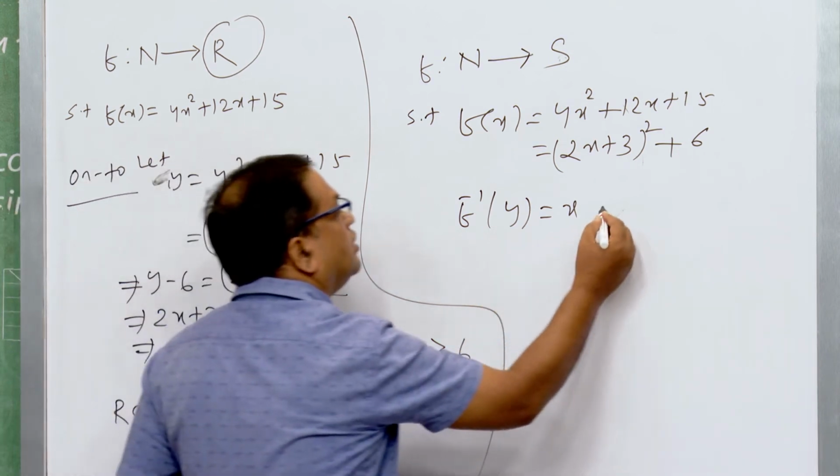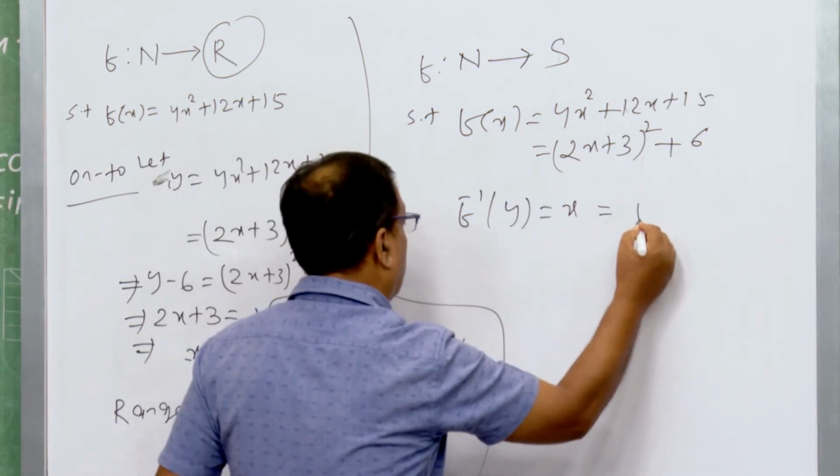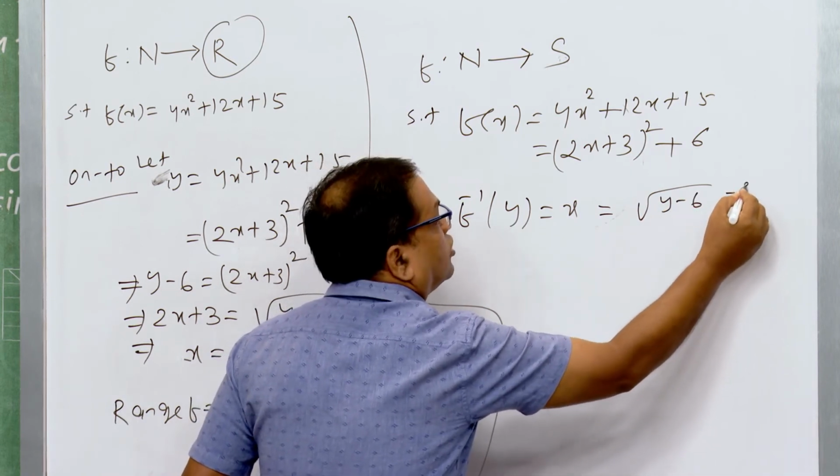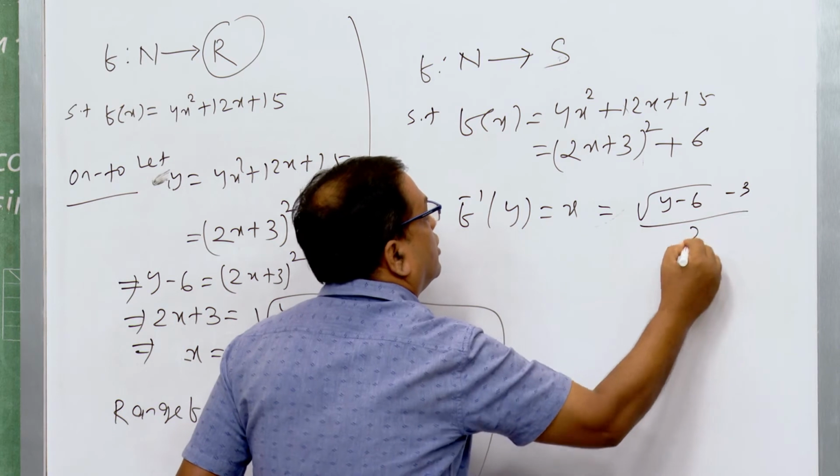This is root over y minus 6 minus 3 by 2.